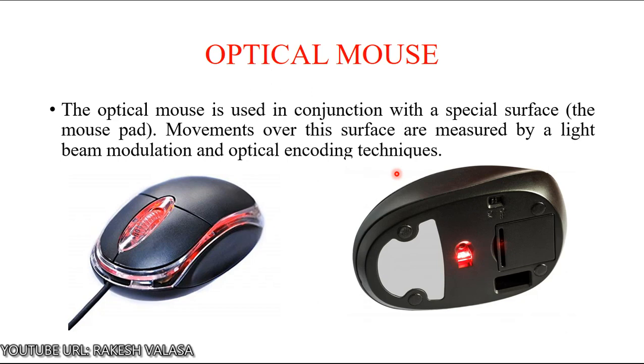The light source is located at the bottom and the mouse must be in contact with the surface for the screen cursor to follow its movements. Push buttons, a left push button and a right push button, may be mounted on the top of the mouse and programmed to various functions.